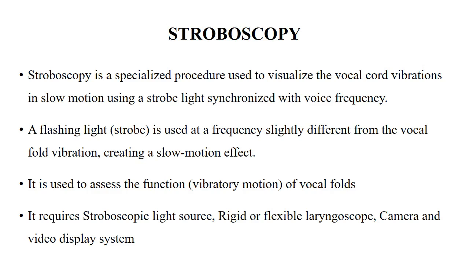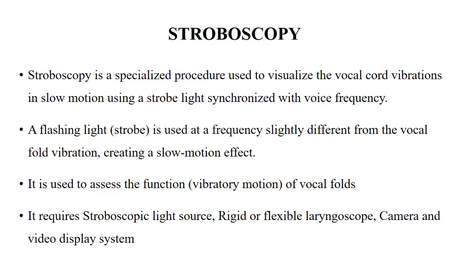A flashing strobe light is used at a frequency slightly different from the vocal cord vibration, creating a slow motion effect. Thus it is used to assess the function, which is the vibratory motion of the vocal cords.